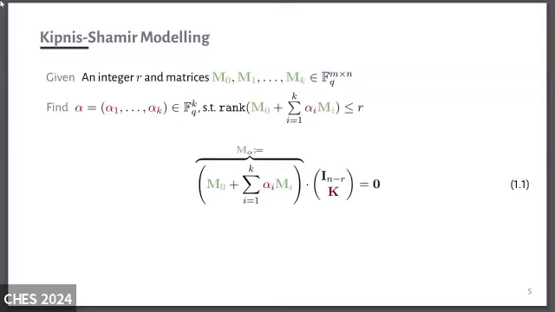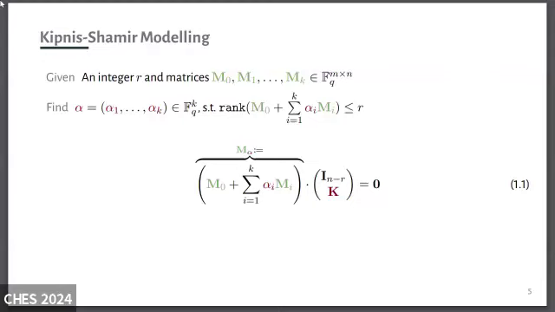So in this Kipnis-Shamir modeling, there exists a matrix K such that M alpha times some identity part and the secret matrix K is equal to 0. And the important part here is this is equivalent to a solution of the min-rank problem. So if you find such a matrix K, you have directly your alphas such that the linear combination has rank r or below.